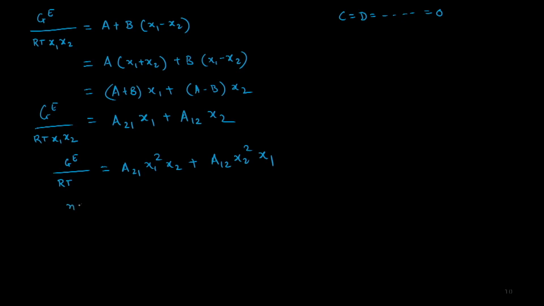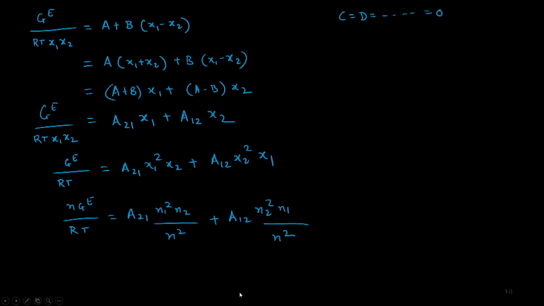Now if I make it nGE by RT, then this will be A21 n1 squared n2 over n squared plus A12 n2 squared n1 over n squared. Notice that I'm multiplying only with one n, and I have a cubic in the composition on the right-hand side, so I still need to multiply and divide with n squared so that everything is converted in terms of n, and we don't leave any compositions in there.